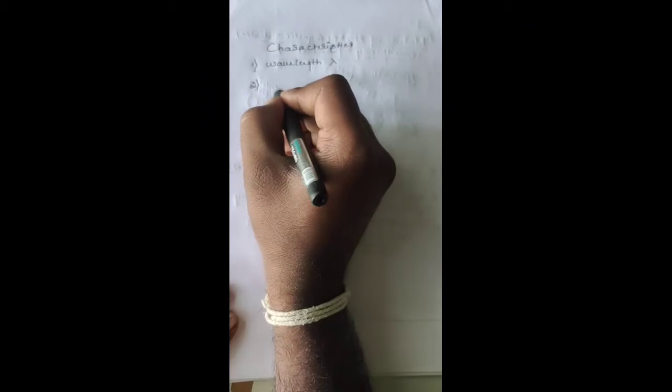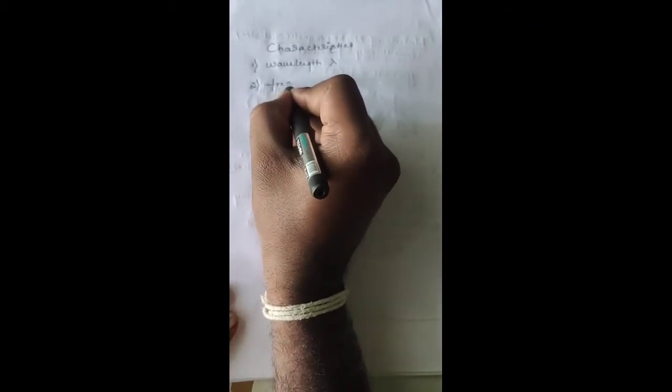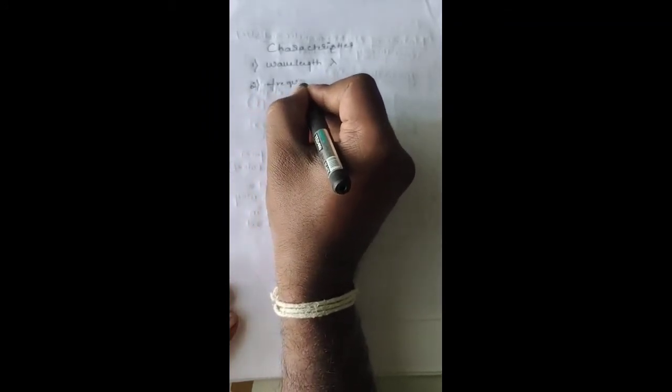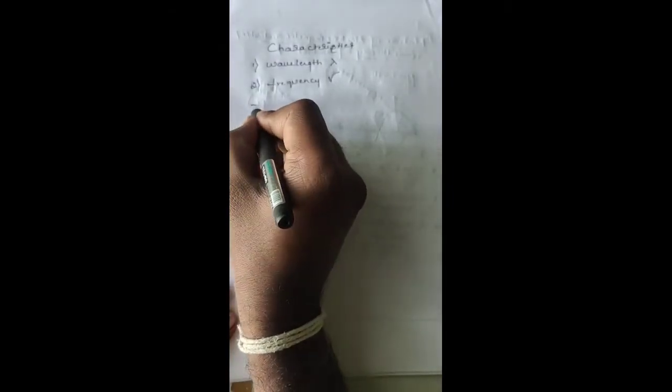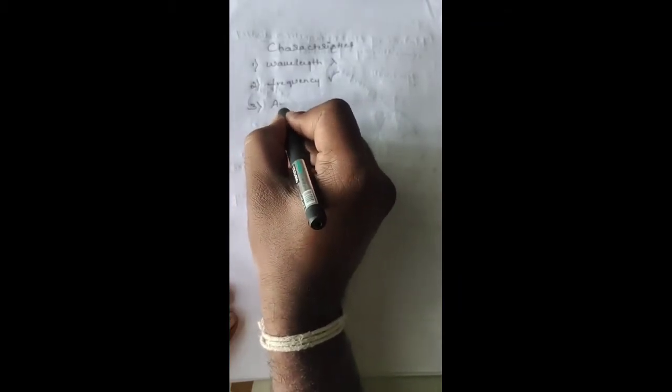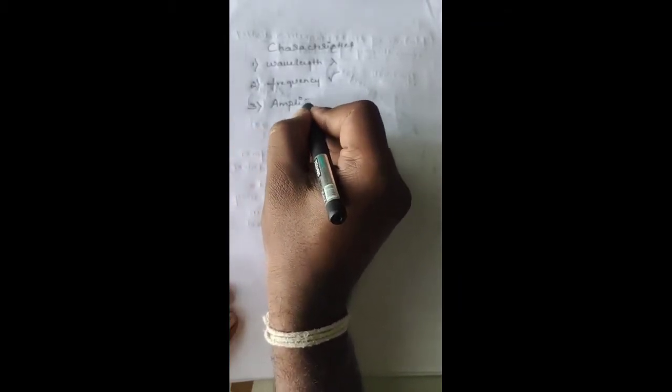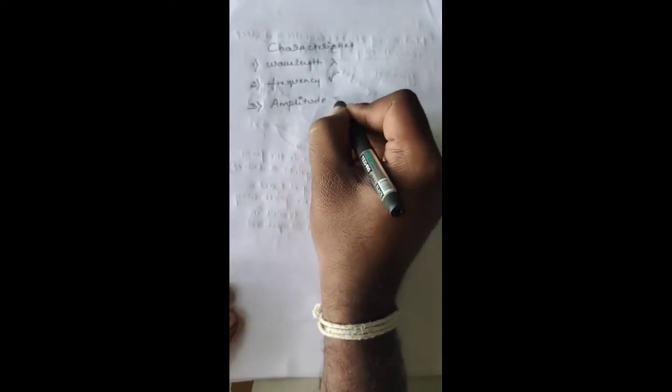The second one is frequency. How much frequency the light is traveling? Frequency is denoted as nu. The third one is amplitude, denoted as A. The fourth one is velocity, denoted as c.